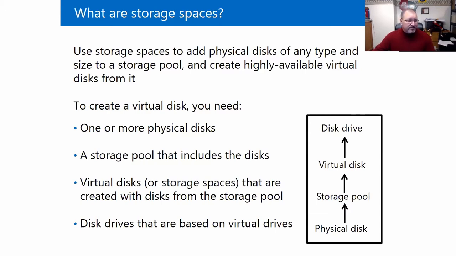Tiered storage spaces is a feature that lets you use a combination of disks in a storage space. So you could use very fast but small capacity disks like a solid state drive, along with larger capacity but slower throughput disks together.